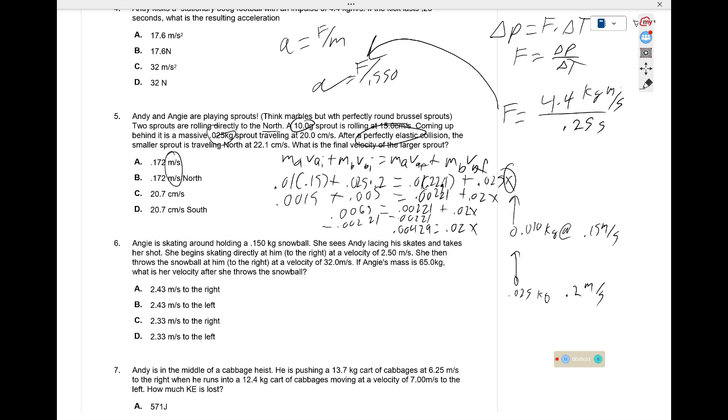And I must have done something wrong because my answer's not there. I get 0.2145 meters per second to the north, which is not the right answer.